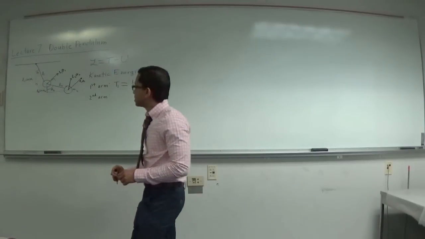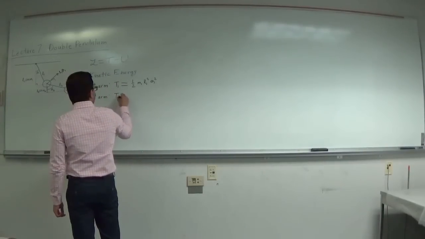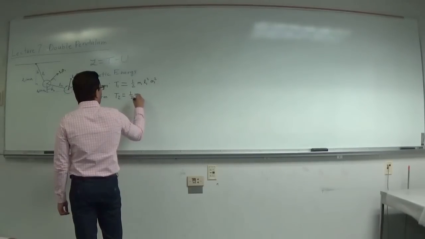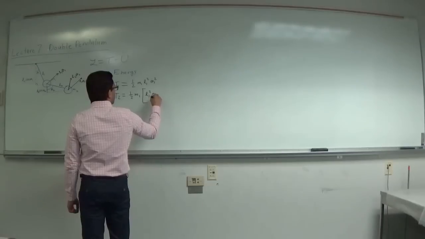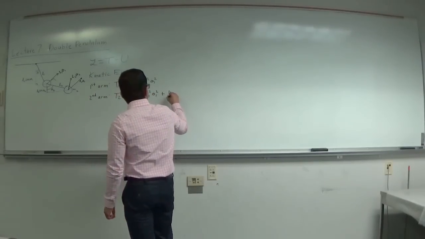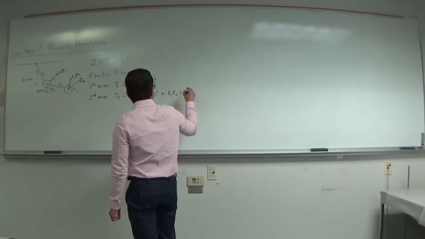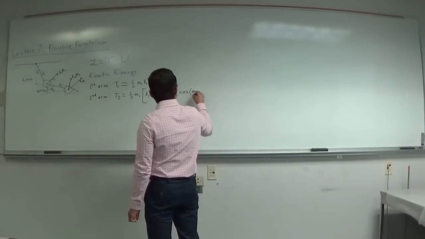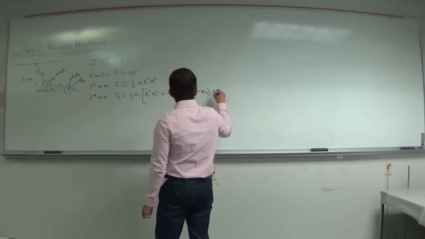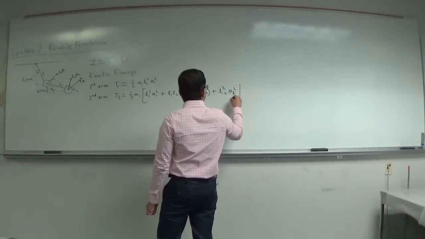Add vectors. Yep, so we just add the vectors, right? So that gets tedious. So T2 is going to be 1/2 M1 times L1 squared theta 1 dot squared plus L1 L2 cosine of theta 1 minus theta 2 plus L2 squared theta 2 dot squared.